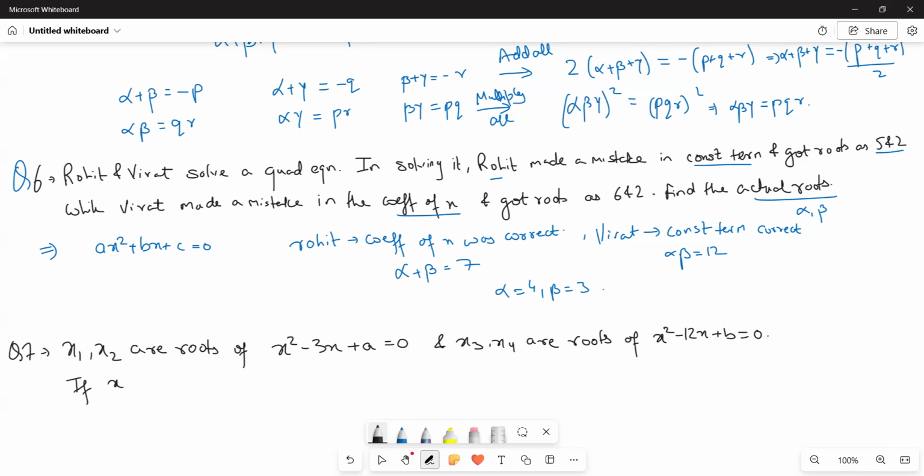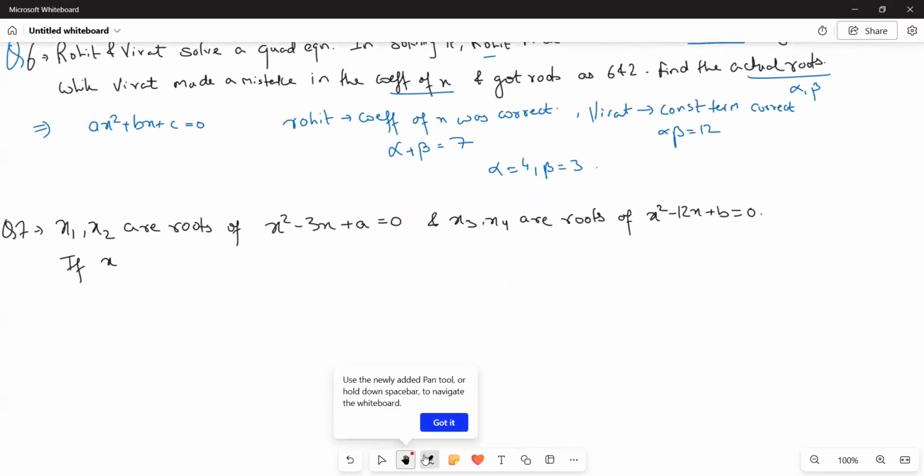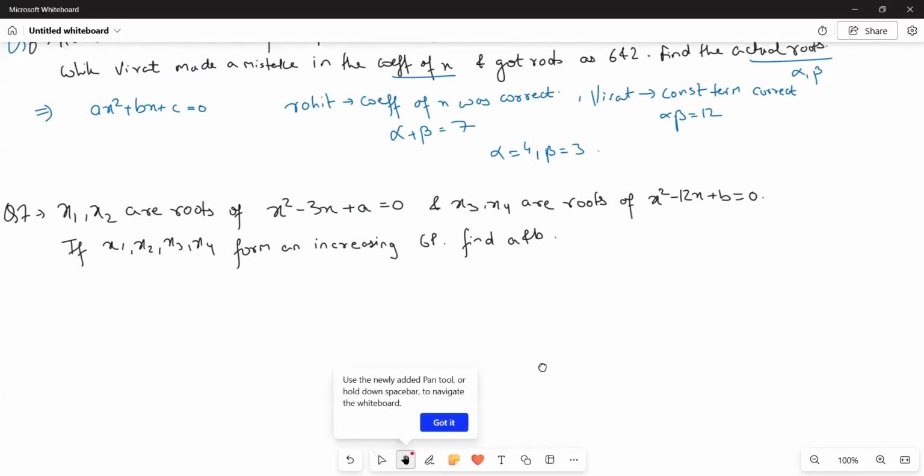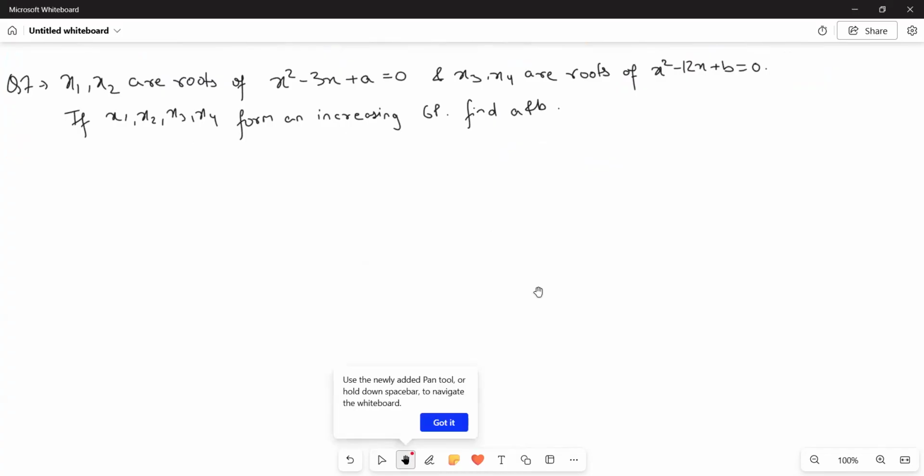Now, if x1, x2, x3, x4 form an increasing GP, find A and B. If x1, x2, x3, x4 form an increasing GP, find A and B. One, one, four, three.